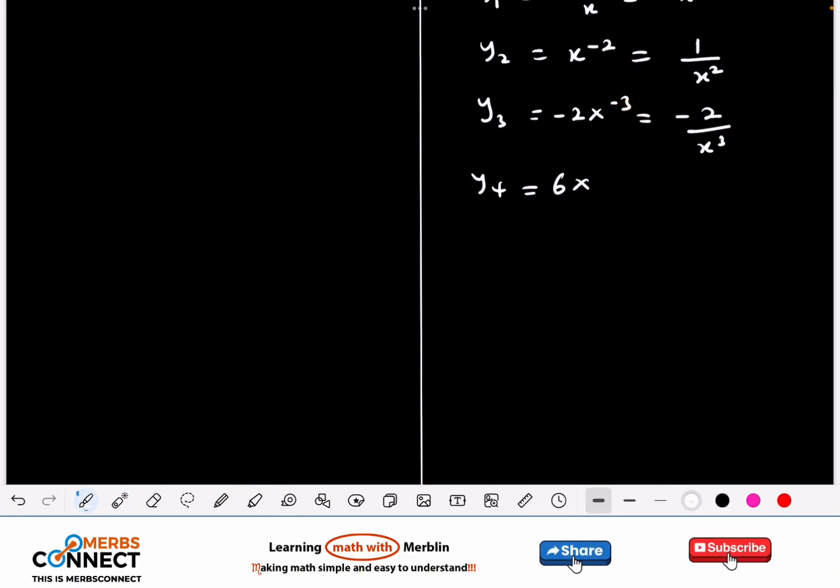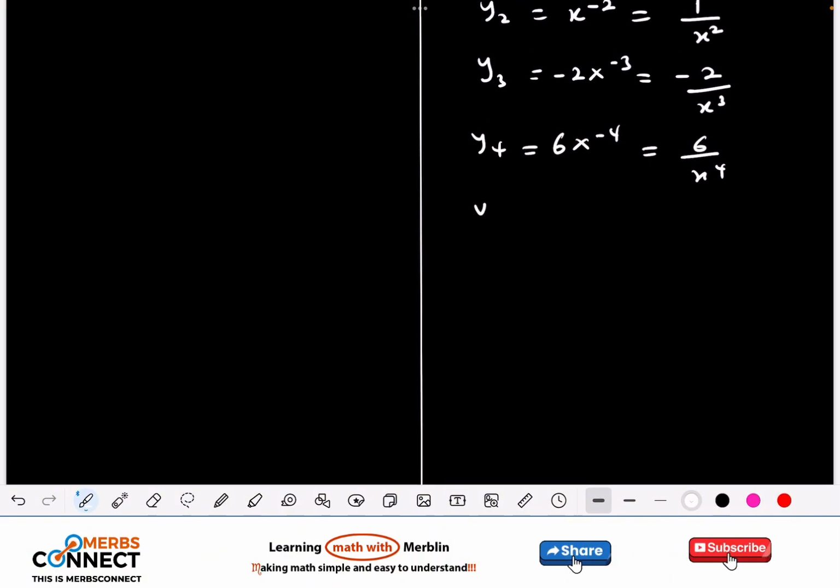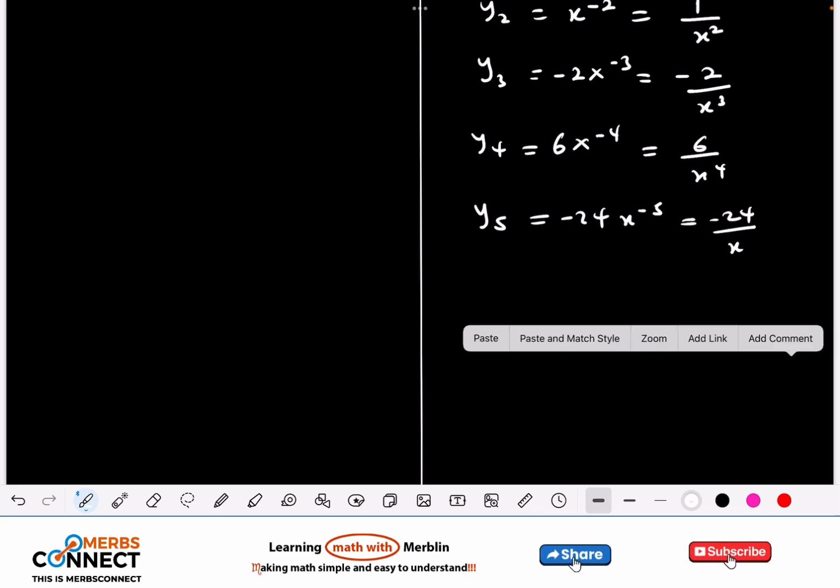So we are going to have minus 4, which is the same as 6 divided by x to the power 4. Let's go again. For y5, minus 4 will multiply the 6, giving us minus 24. x to the power minus 5, which will be minus 24 divided by x to the power 5, right?